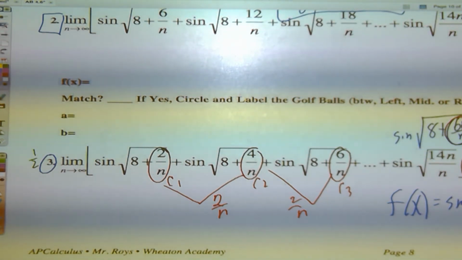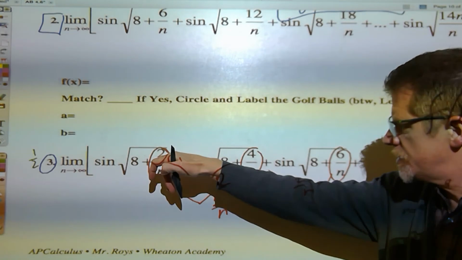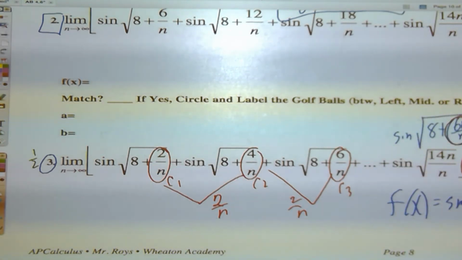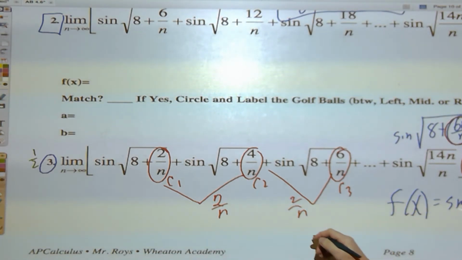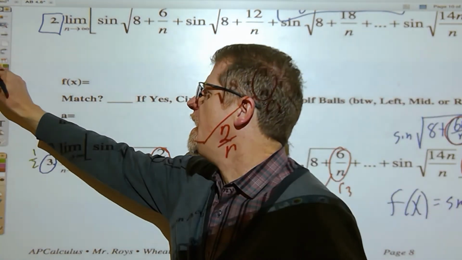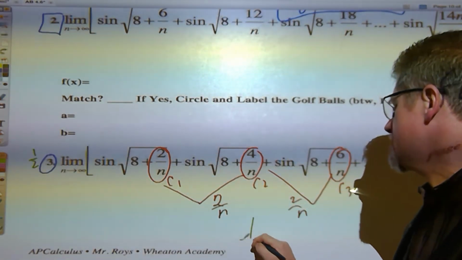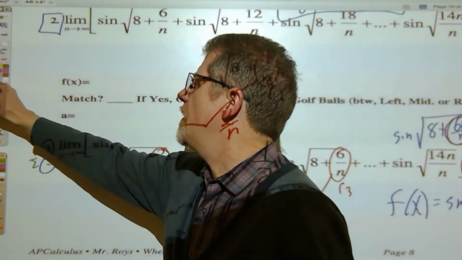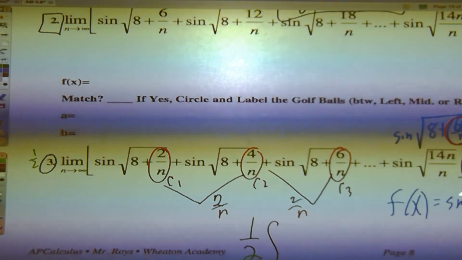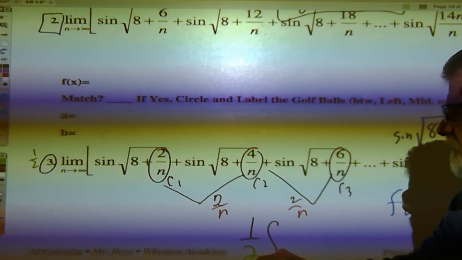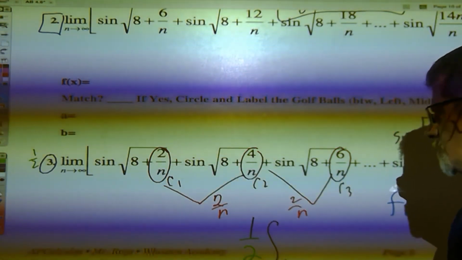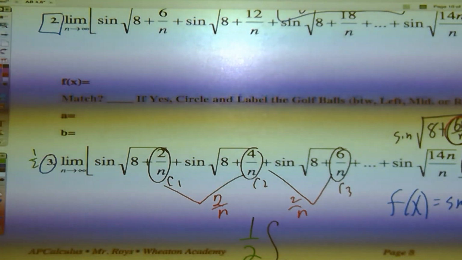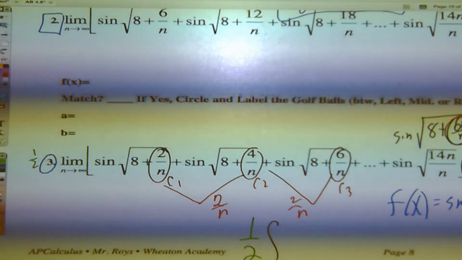So the lower limit of integration will be the limit of 2 over n, which is 0. The limit of 6n over n is 6. So the final answer is 1/2, which came from the counterbalancing, 1/2 times the definite integral from the first golf ball's limit at infinity, which is 0, to the last golf ball's limit at infinity, this is golf ball C sub n, which is 6.